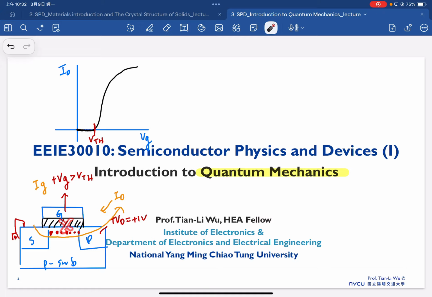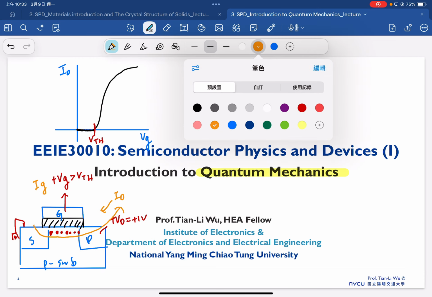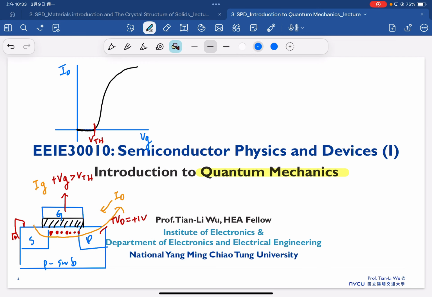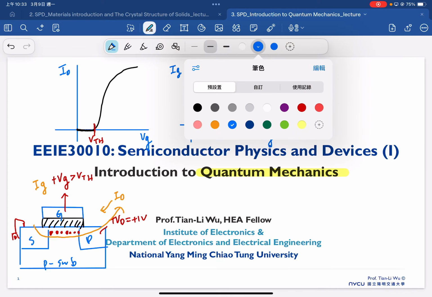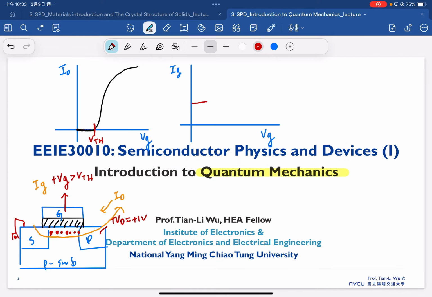But in reality, if you do the characterization of your semiconductor device, especially this curve, the gate current versus the gate voltage, you will never measure zero gate current. You always see there's a current flowing.